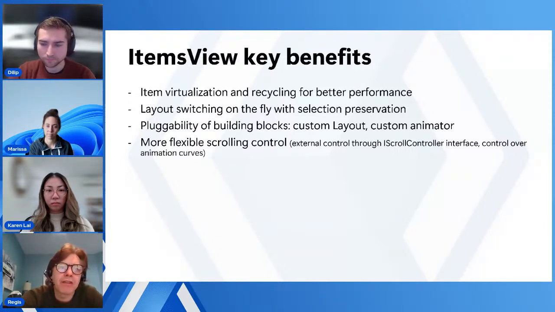One big benefit of the items view is that you can switch among different layouts on the fly at runtime, which is something that none of the old controls was able to do. And you can plug in your own custom components, like a custom layout. The river flow layout is one of those layouts, but you can create your own and plug it in, as well as a custom animator.